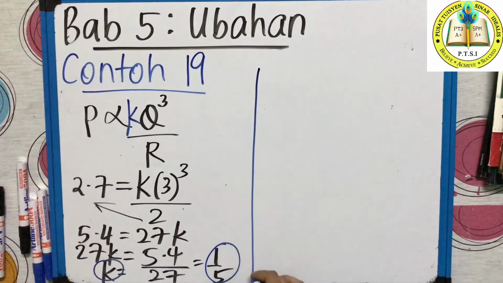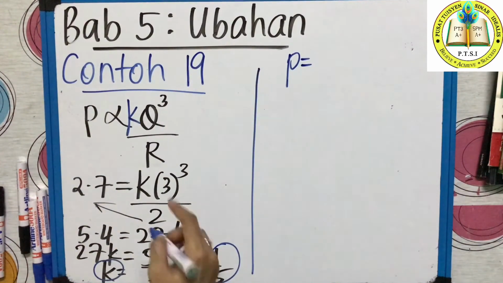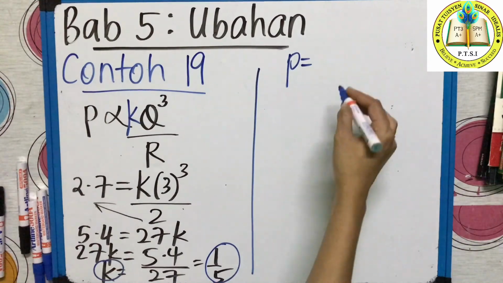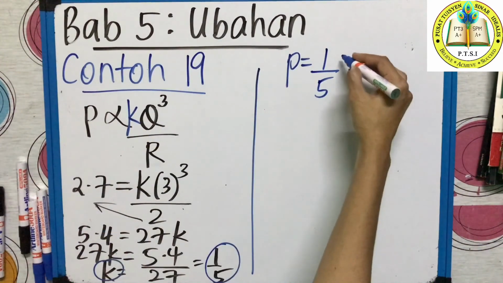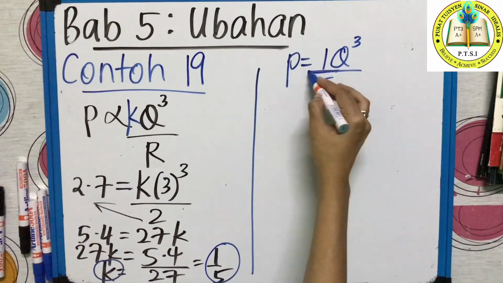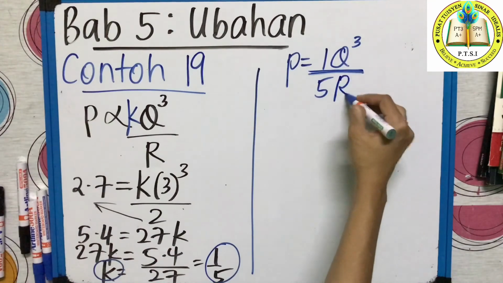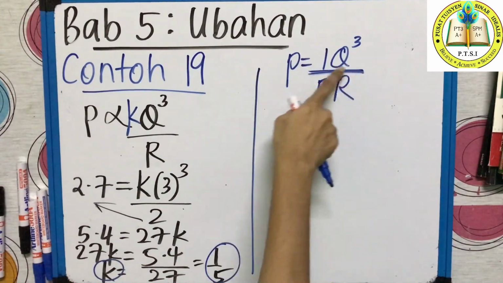Okay, now teacher make a line. So, you already get the K. So, what will be your equation? Apa persamaan kamu? Okay, teacher write here. P equal, K berapa kamu dapat? 1/5. And then Q kuasa 3 over, still this over R. So that means kalau K tu 1/5, 1 is up over 5.